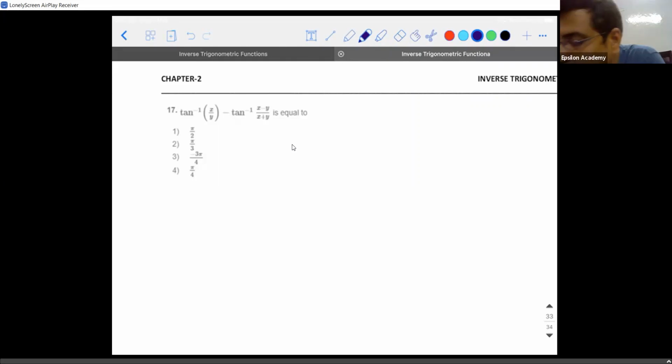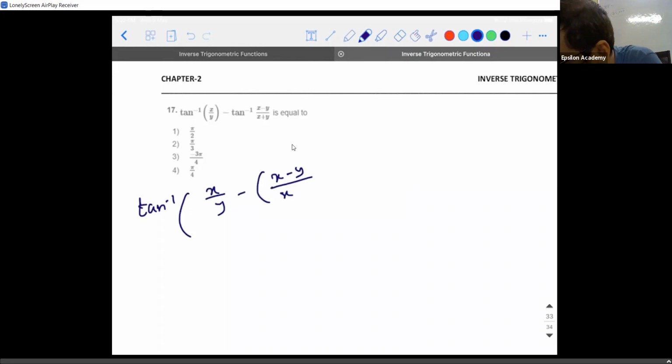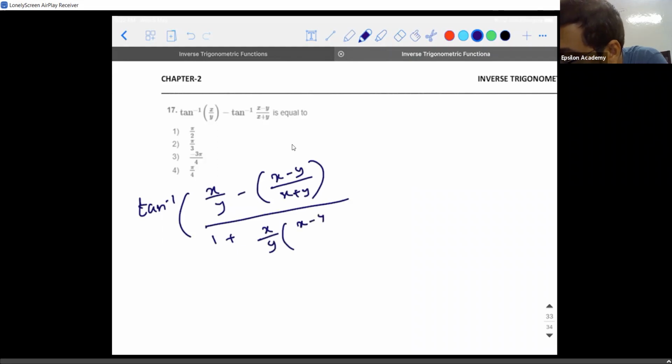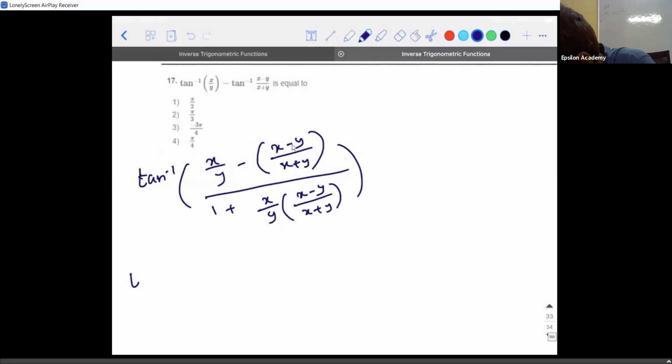So tan inverse of x by y minus tan inverse of x minus y by x plus y is equal to. Tan inverse of x by y minus x minus y by x plus y, the whole divided by 1 plus x by y into x minus y by x plus y. So can you guys solve this?